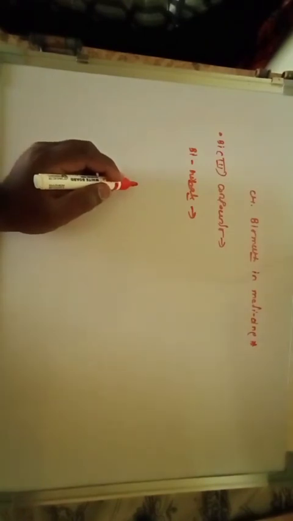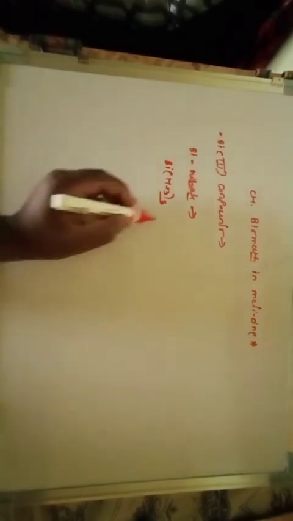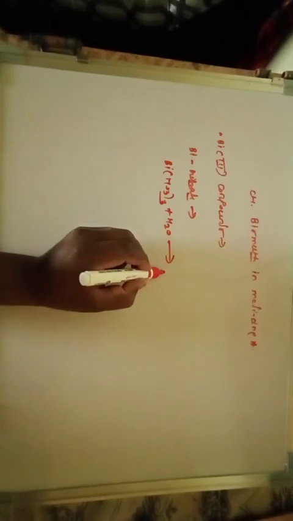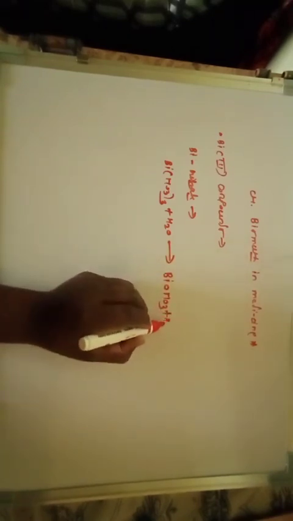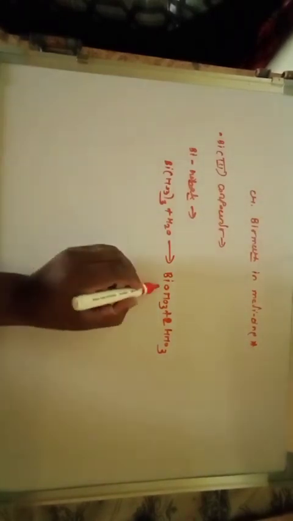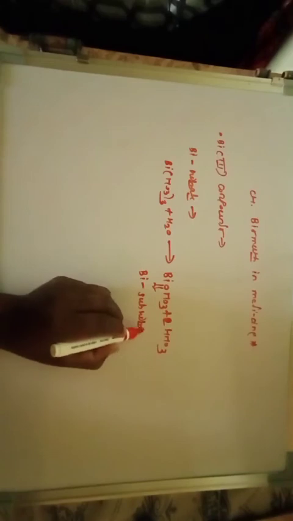With excess water, bismuth nitrate, Bi(NO3)3, again with bismuth in +3 oxidation state, reacts with water to give bismuth subnitrate, BiONO3, plus 2 HNO3.